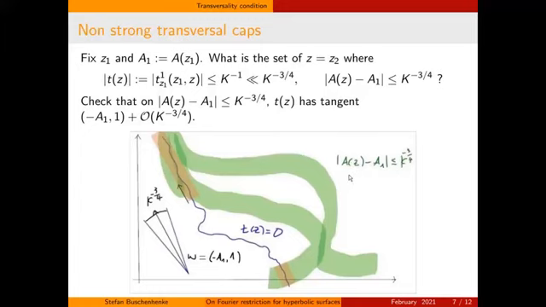Remember, A contains some second order derivatives of the function phi, so it depends on what kind of perturbations you have. But in the end, that was a crucial point. We realized we don't really need to know how long these rectangles are. So you just pick the rectangles. You take a rectangle as long as you are in this green set, and once you leave, that's the end of the rectangle. That's it.